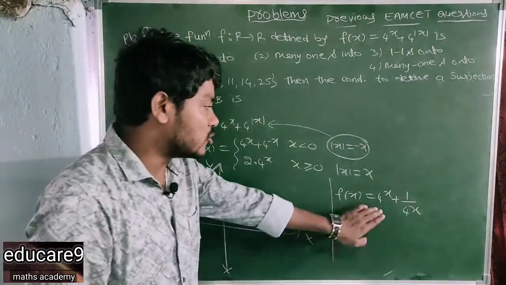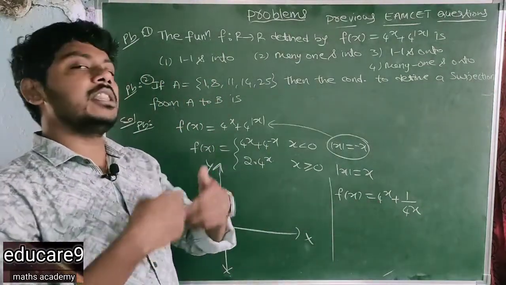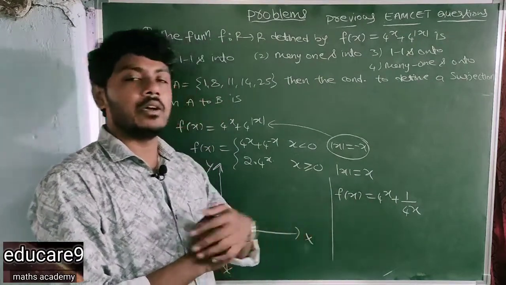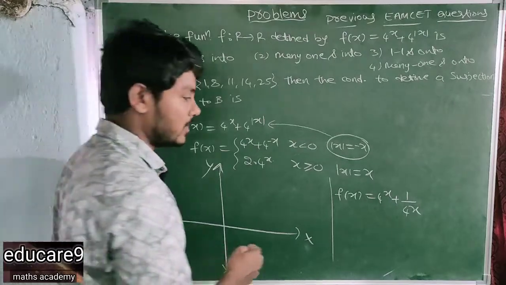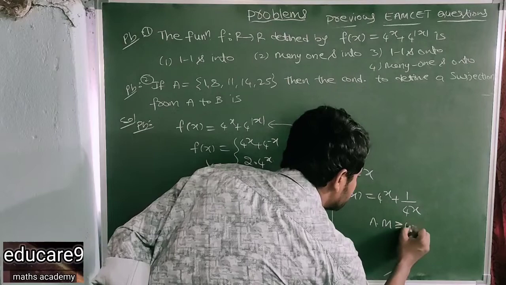So clearly these two functions are reciprocal. So whenever the two functions are reciprocal, in that case we have to apply AM is greater than or equal to GM.